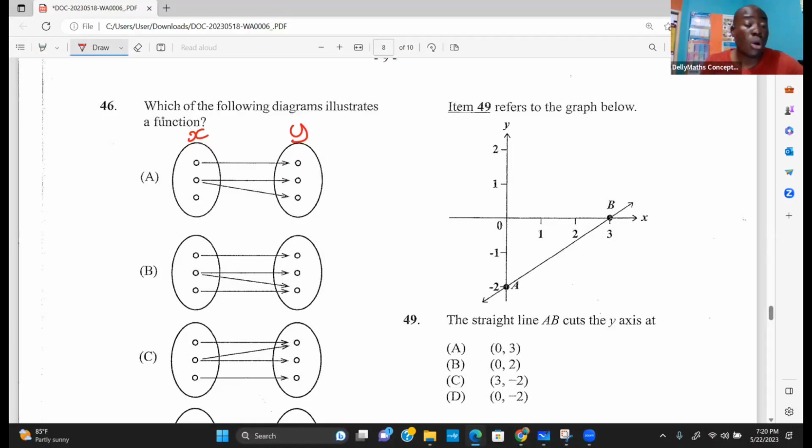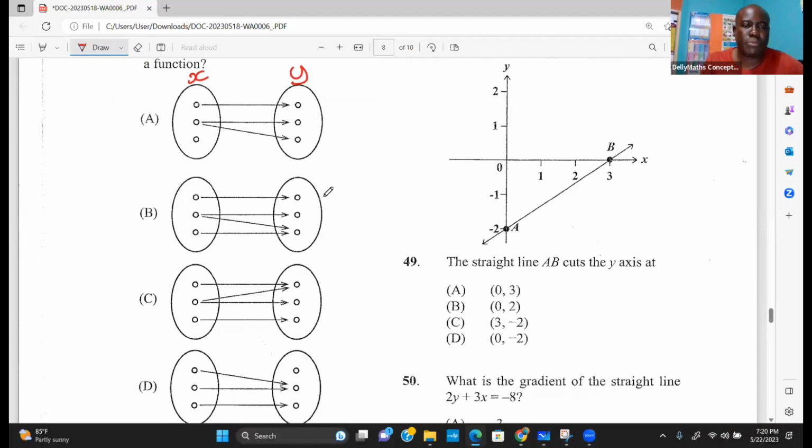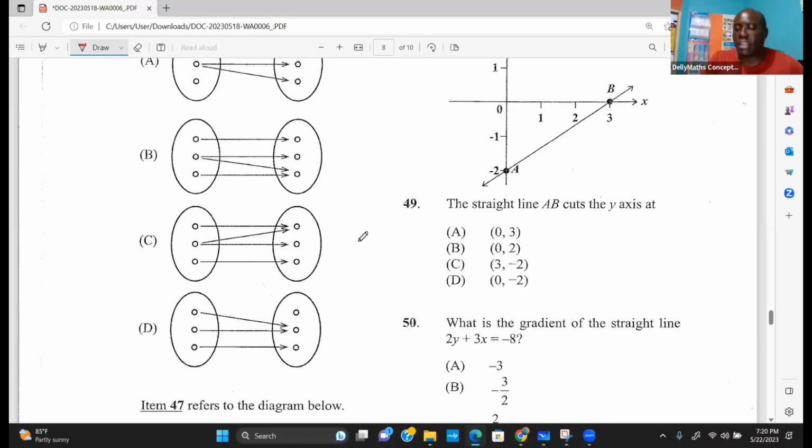Now, how are you going to know what is a function? Let me tell you what is not a function. What is not a function is when you have one X value going towards two different Y values.